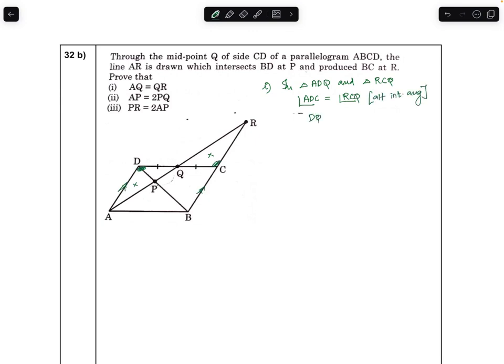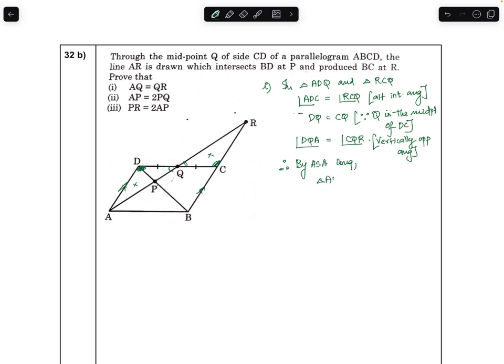Next one is DQ is equal to CQ since Q is the midpoint of DC. Then the third one is angle DQA is equal to angle CQR. The reason being they both are vertically opposite. Therefore, by ASA congruency, triangle ADQ is congruent to triangle RCQ, which implies that the side AQ is equal to side QR by CPCT. Hence, the first statement is proved.